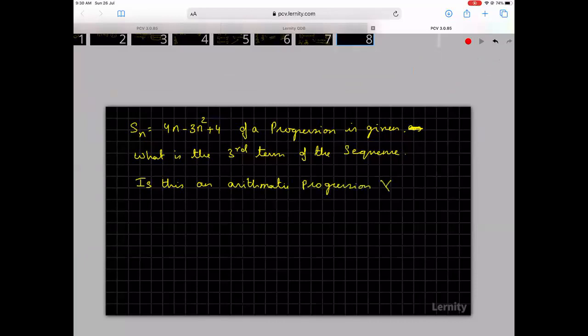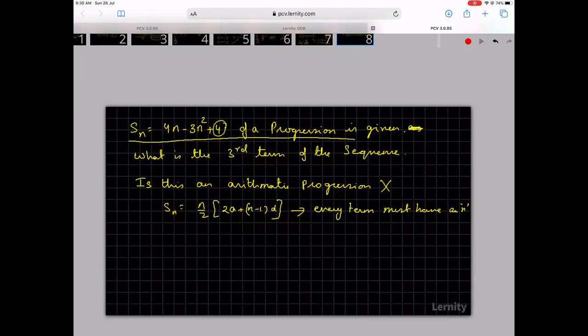This is not an arithmetic progression. For an arithmetic progression, Sn is equal to n by 2 into 2a plus (n minus 1)d. So when you expand it, every term must have an n. Now here you see there is no n in this term. So this is not an arithmetic progression.